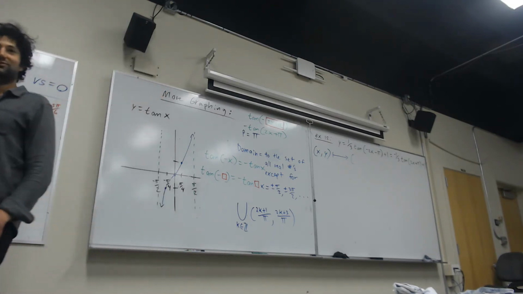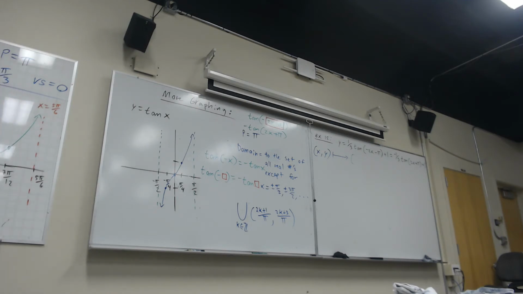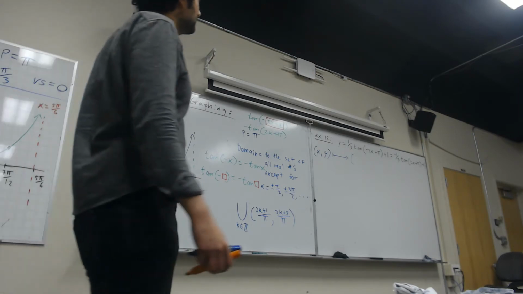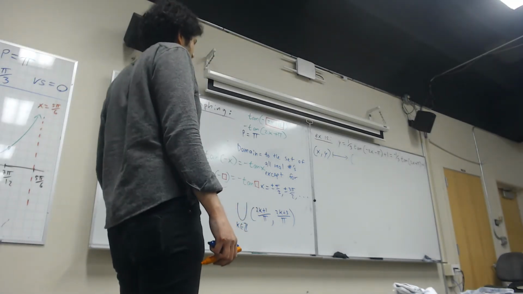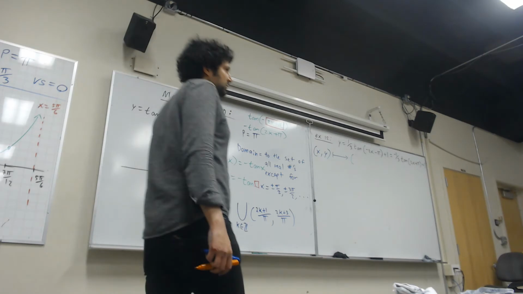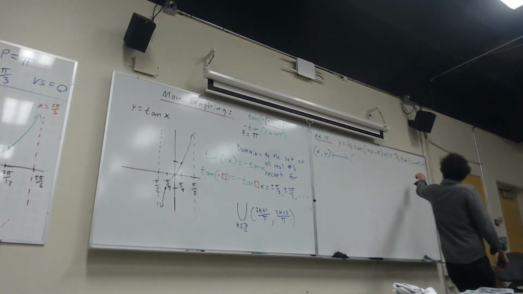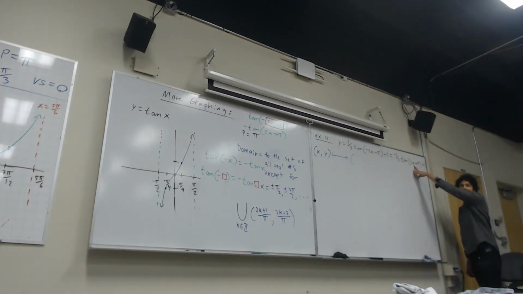Well, everything's reversed because it's on the inside. Not only are the operations themselves reversed, but the order of operations is reversed. Think about how you would solve that for x. How do you solve 2x plus pi?